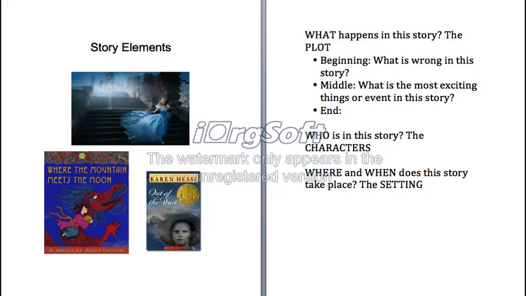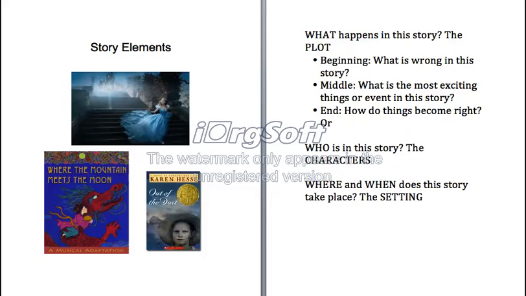And at the end, how do things become right? Or how is the problem solved? That gives us a hint as to what this first question is. Does anyone remember? We call it the, and I'm going to make this red because it's the problem.